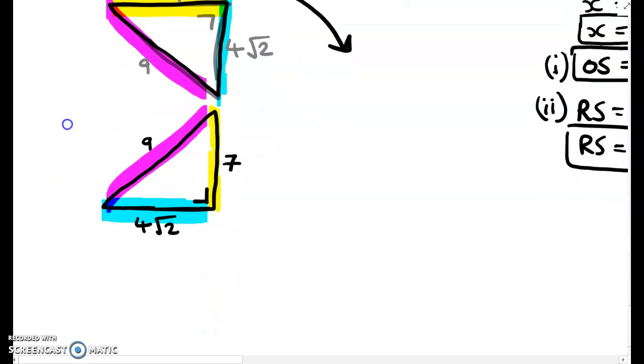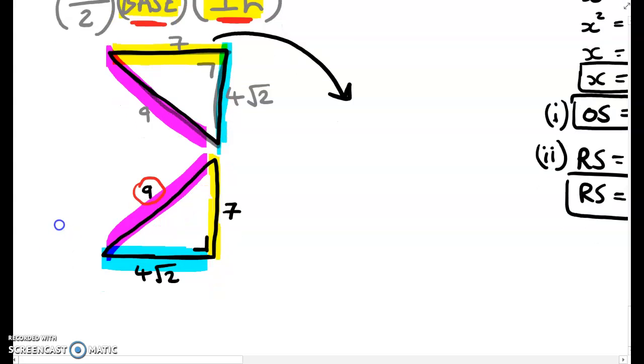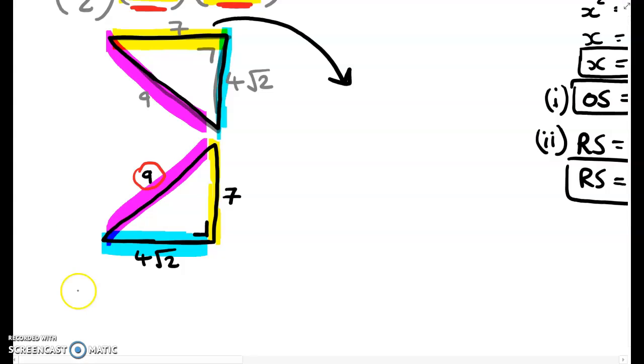Okay, but why did we do that? Well, it's much easier to identify now a base and a perpendicular height, a straight up height. We don't use 9 as a straight up height because it's not going straight up, it's slanted. So it's half the base, which is 4 root 2, by the perpendicular height.